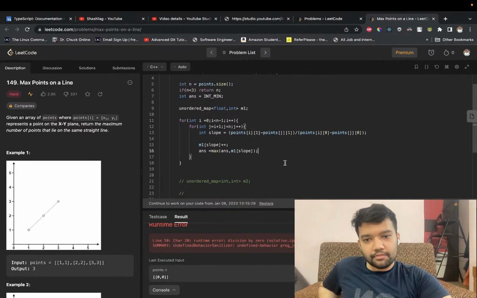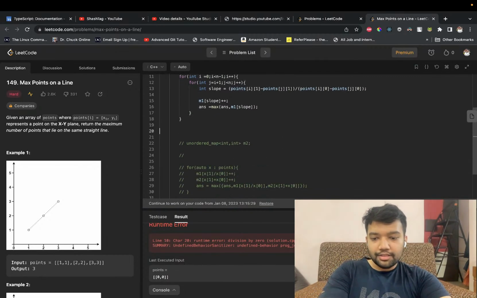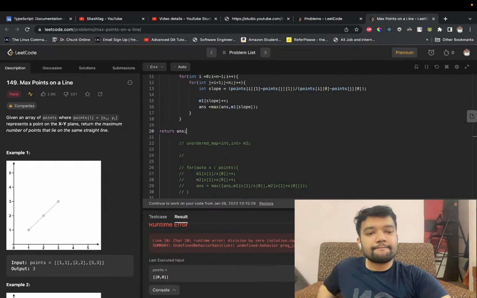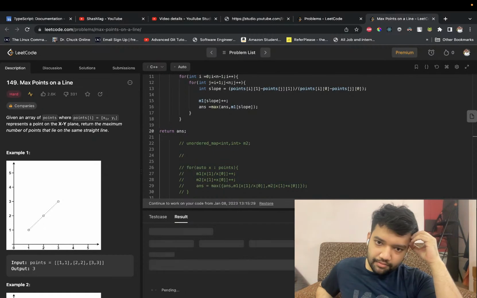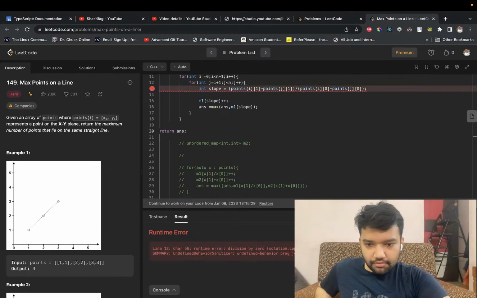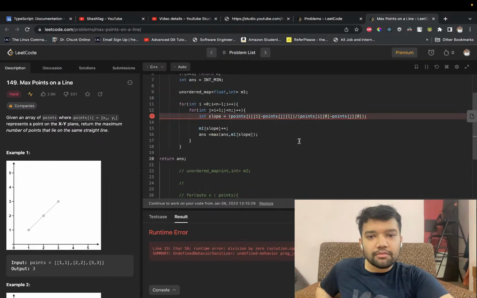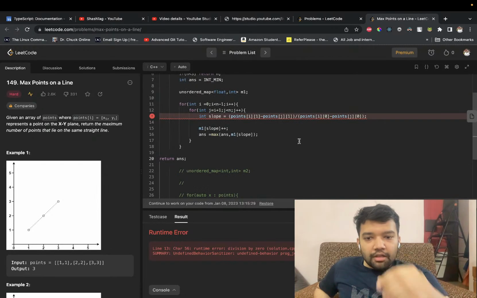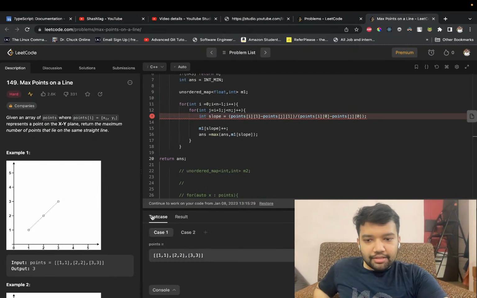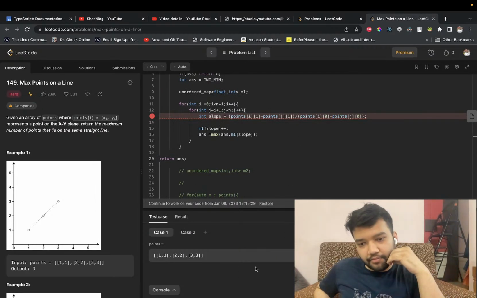So this is a potential another solution. Let's just see. Now, in which case am I dividing by 0?